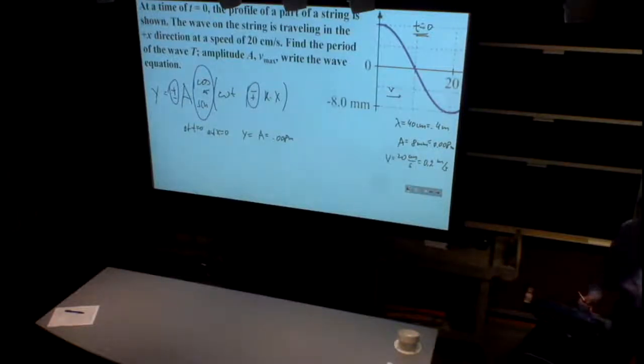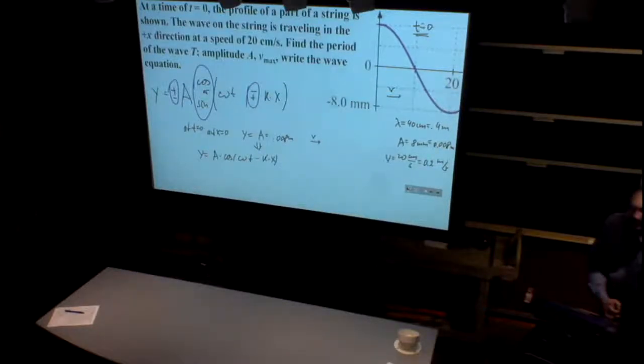We see it. And because it travels to the right, we have to choose a minus. So the equation should be in this form: cosine omega t minus k times x. The rest has been done already.